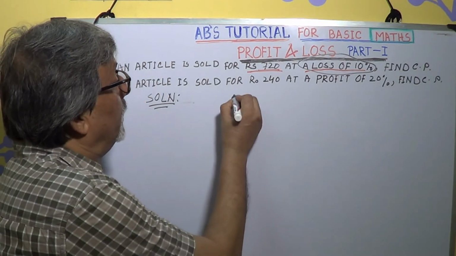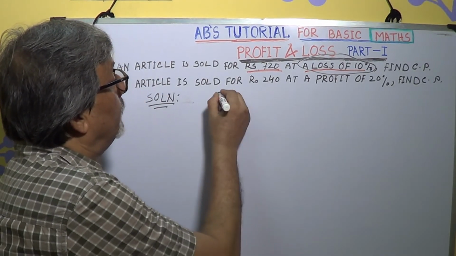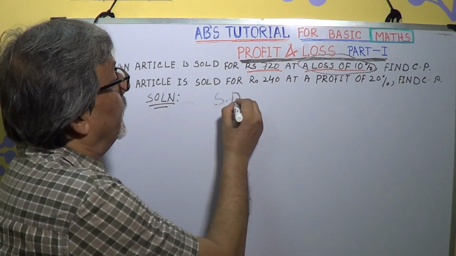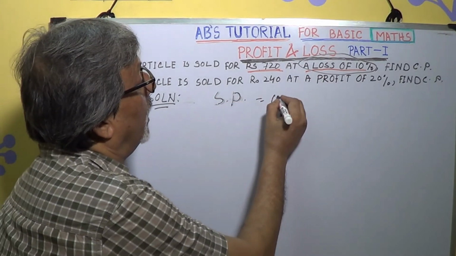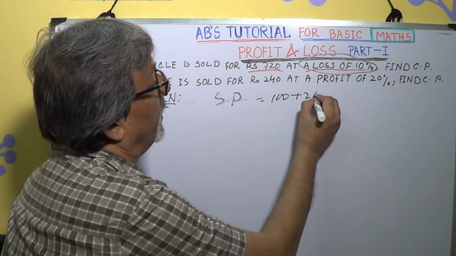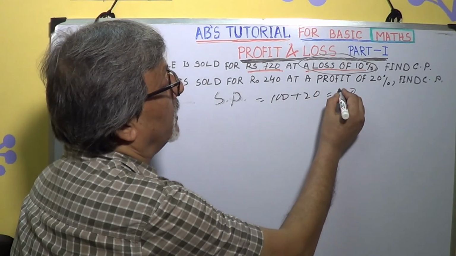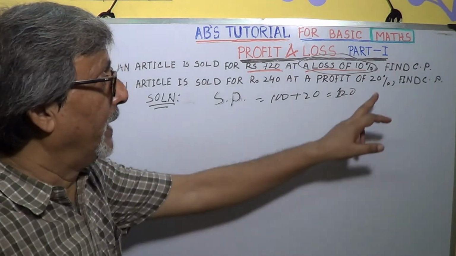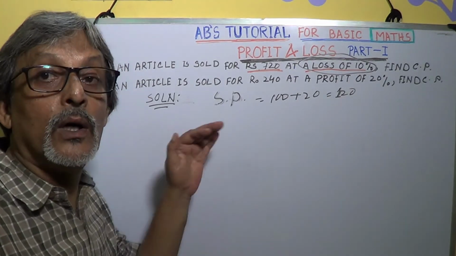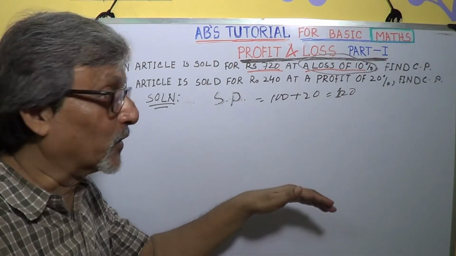So SP will be 100 plus 20, which means 120. Is it clear? 20 is profit, so we are adding this rupees 20.